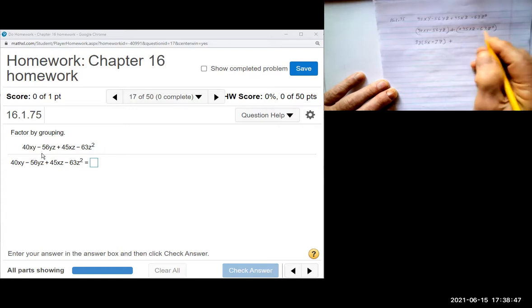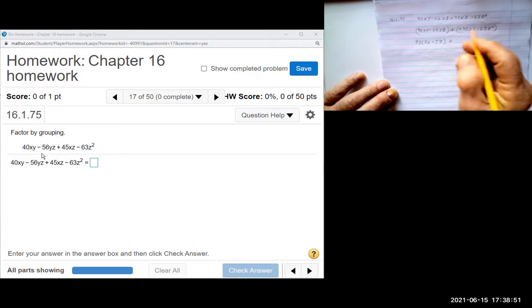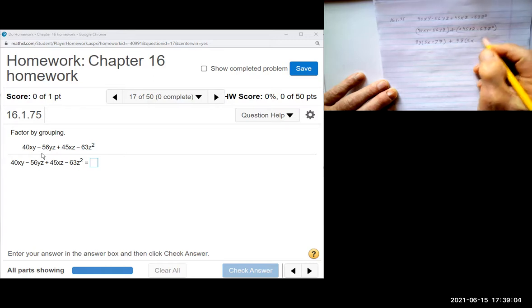From the second group, let's see if there's something common. I think I see a 9. And I see a z. So pulling out the common factor of 9z from the first term, I have 5x. From the second term, I have negative 7z.